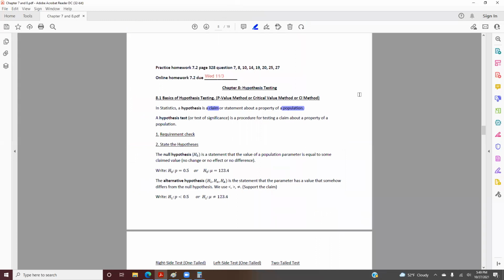We don't talk about the sample. For example, the claim statement can be: students who got A in my class is greater than 20%. That means more than 20% of this class will get A. And when I say this stats class, I'm not talking about your class. I'm talking about in general, in a population, in everyone.